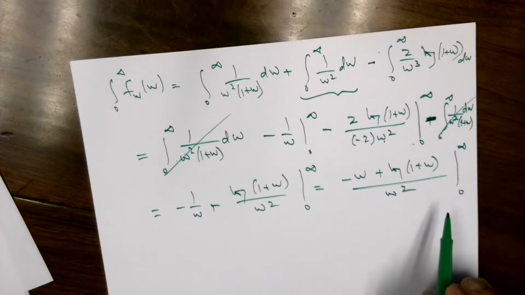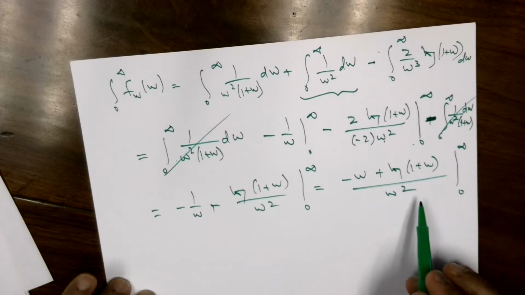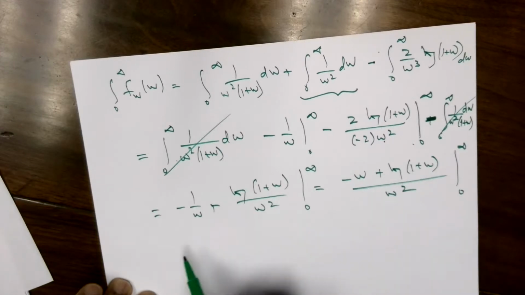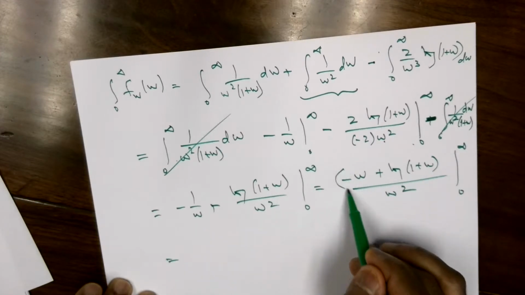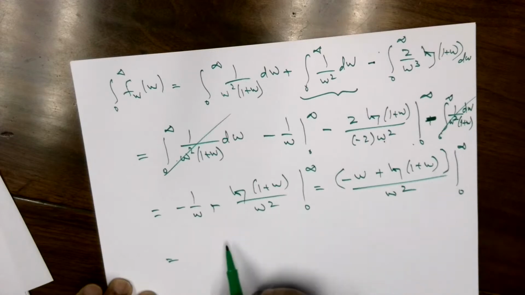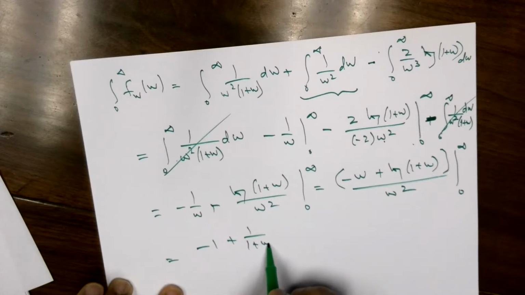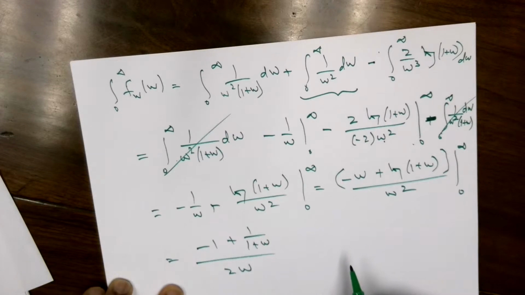So I'm going to use L'Hospital's rule and then substitute, which I will have to do for both. L'Hospital's rule is to take the derivative of the numerator and denominator separately and then substitute the limit. So minus 1 plus 1 over 1 plus w, the derivative of the numerator, over 2w, the derivative of the denominator.